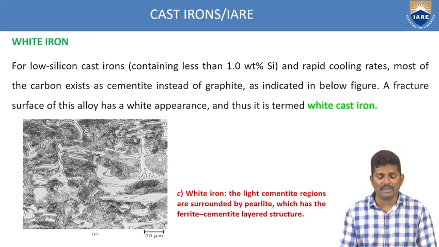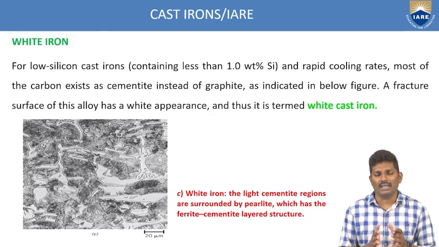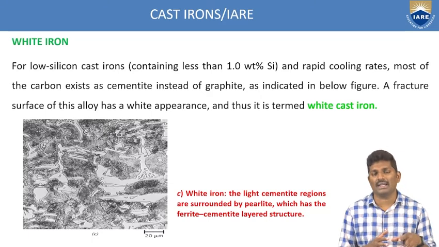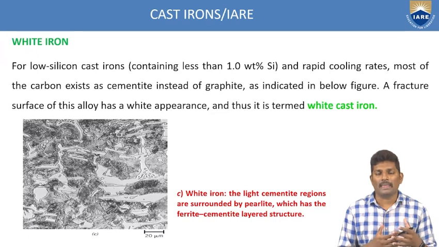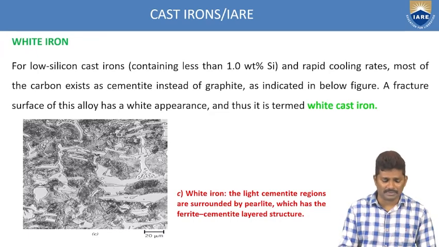For low silicon cast irons and rapid cooling rates, most of the carbon exists as cementite instead of graphite. During the cooling process, most of the carbon exists as iron carbide instead of graphite.